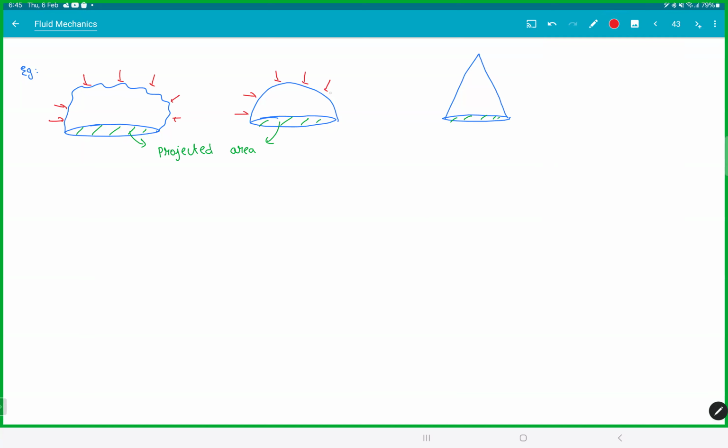It really doesn't matter what the shape is as long as the projected area is same. So in all these cases, the force on the curved surface will be pressure into pi r square.